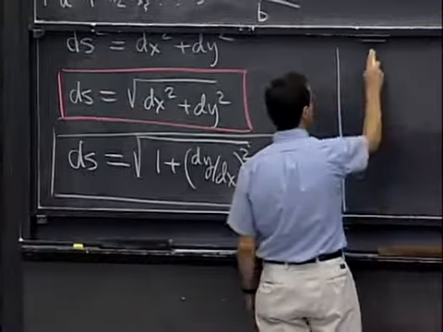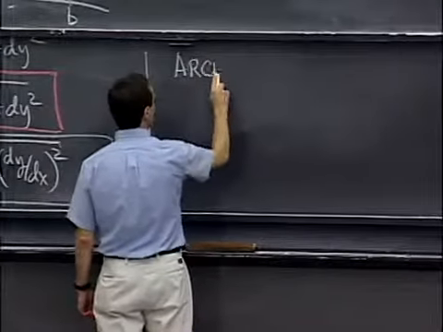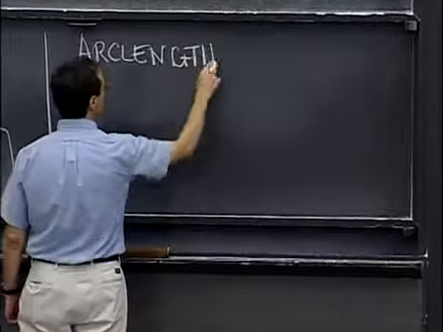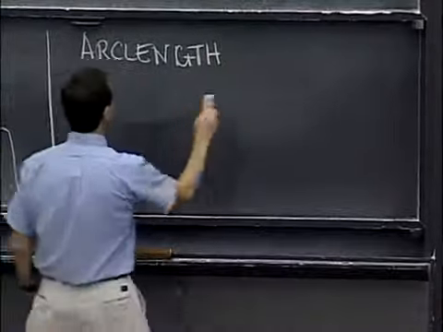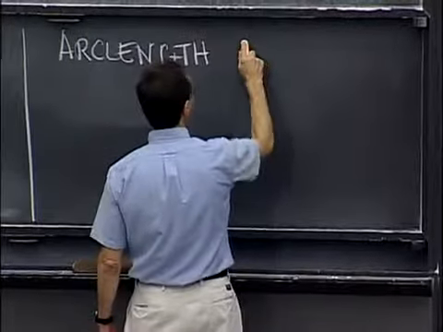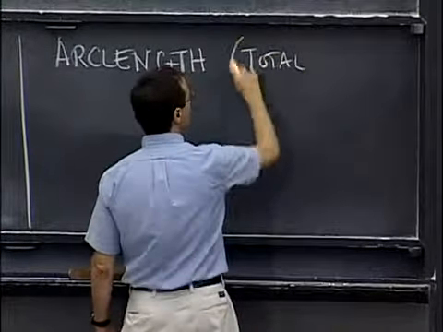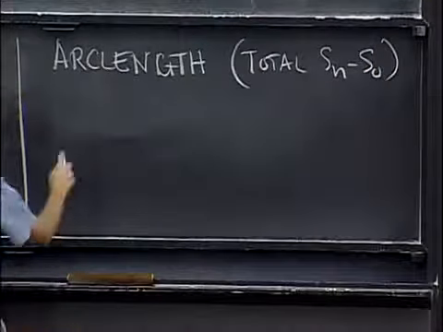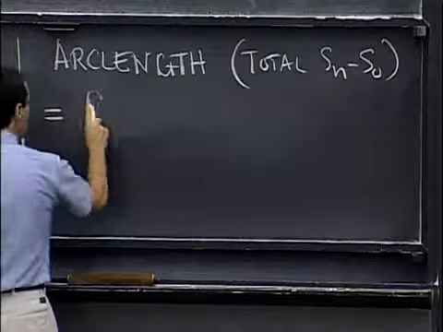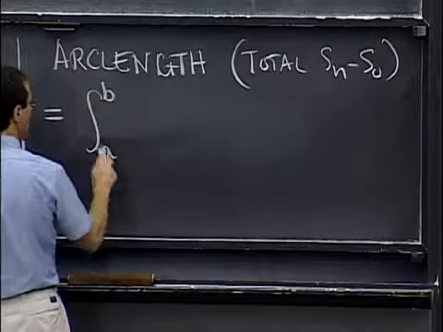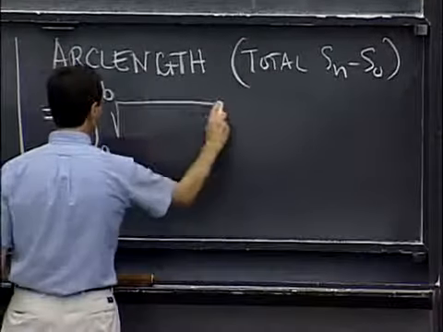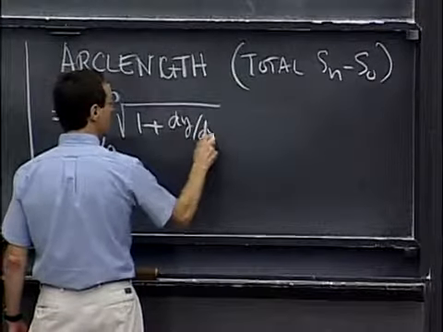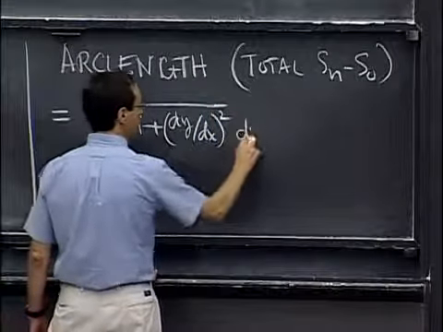So the conclusion is that the arc length, which, if you like, is this total Sn minus S0, is going to be equal to the integral from a to b of the square root of 1 plus (dy/dx) squared dx.